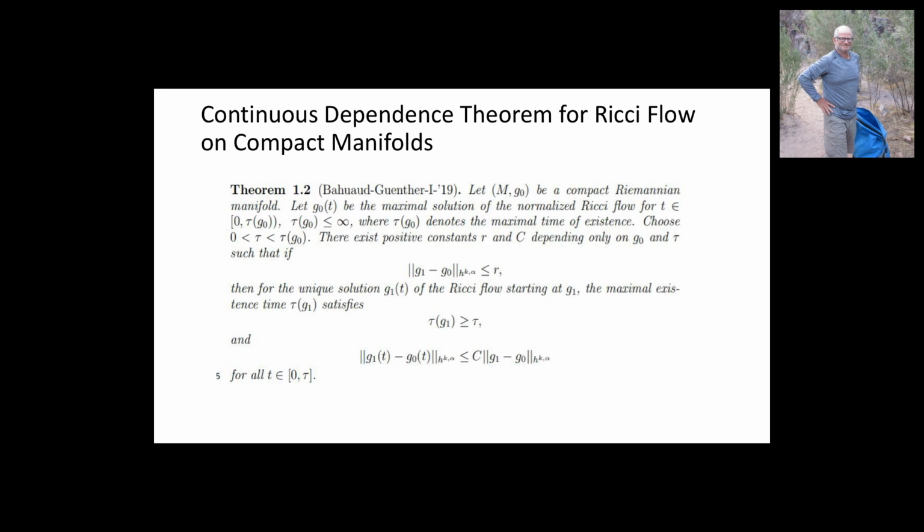So if we have a compact Riemannian manifold (M, g_0), and if we let g_0(t) be the maximal solution of the normalized Ricci flow for t in some interval from 0 up to T(g_0), which may be finite or infinite, where T(g_0) denotes the maximal time of existence.